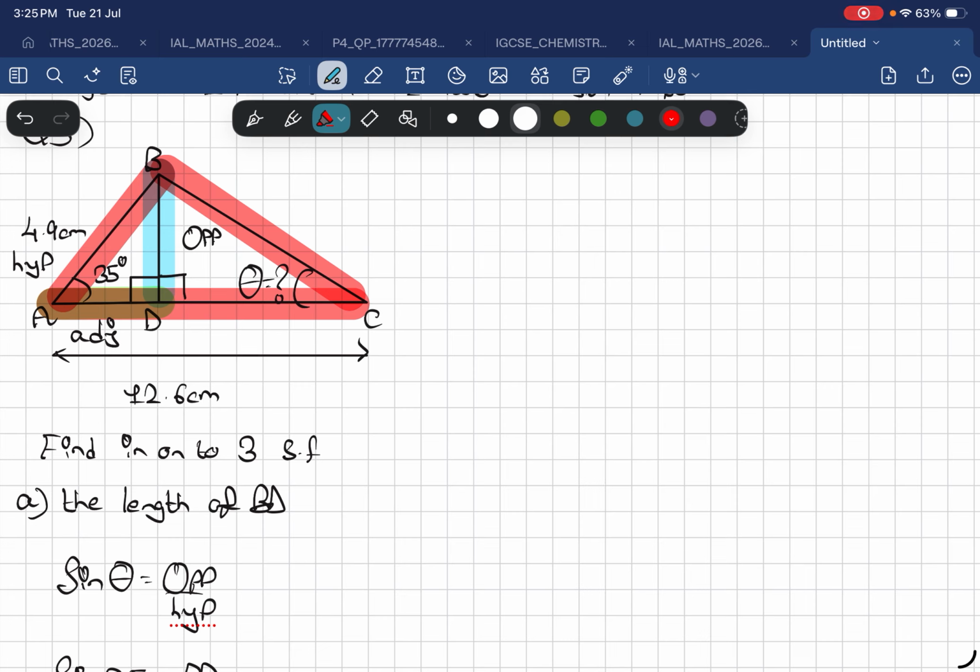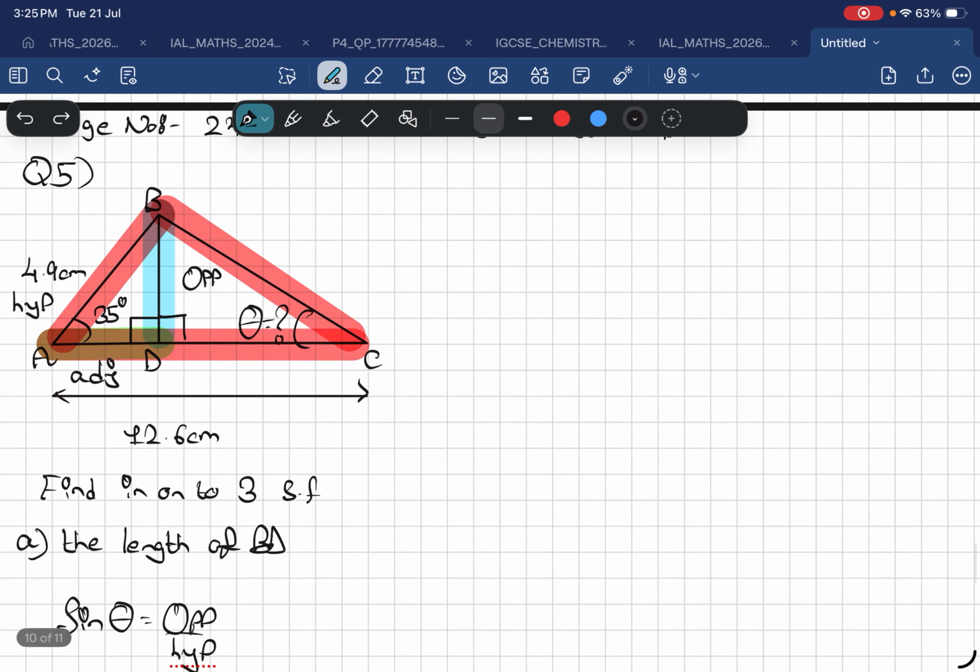So if we find this angle, this is the opposite, and if you solve this math by using a large triangle, then this will be the 90 degree angle. It will be the opposite side, and this is the hypotenuse. So in that case, it will be opposite against hypotenuse.